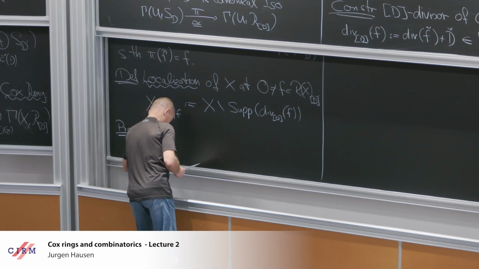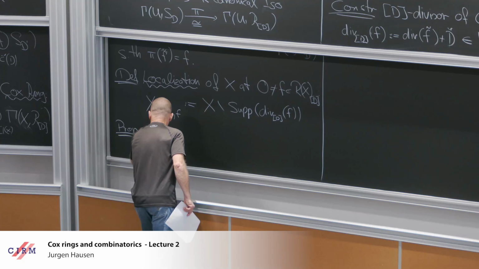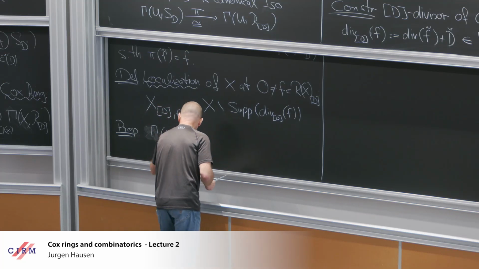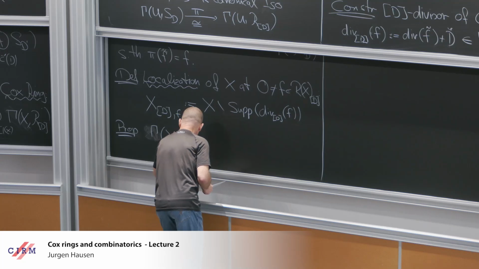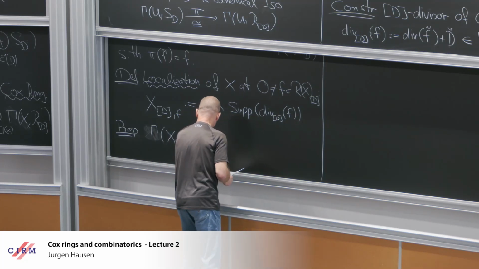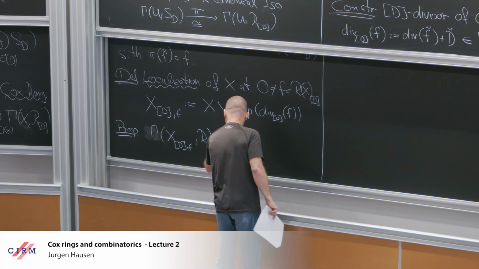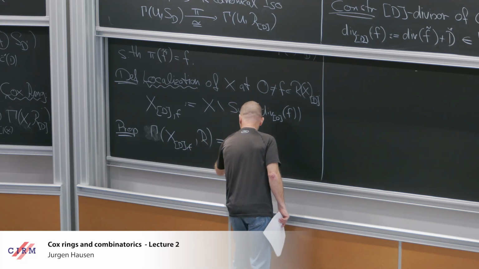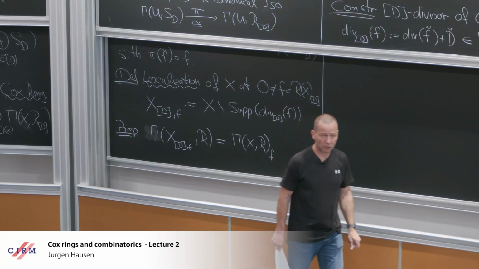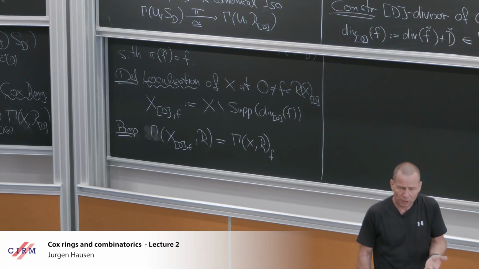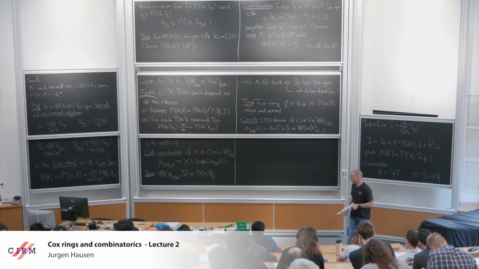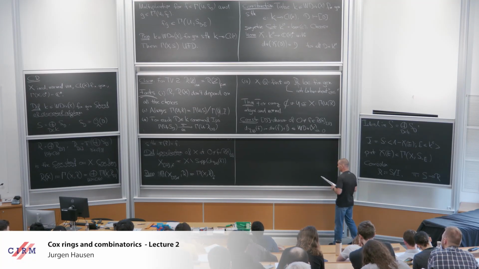If I want to know the sections of the Cox sheaf on such a delocalization, then this is: take the Cox ring and localize it by the element f. That is a very common formula which you see in the beginning of an algebraic geometry lecture in whatever setting.